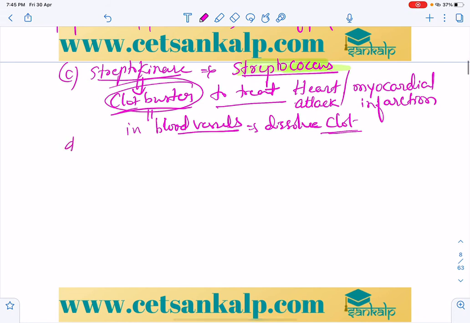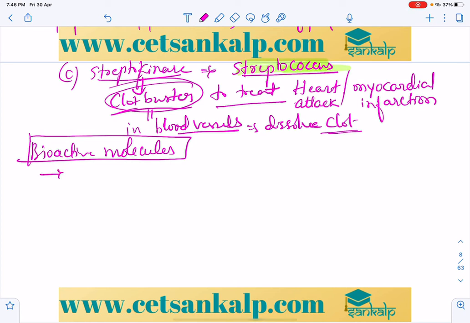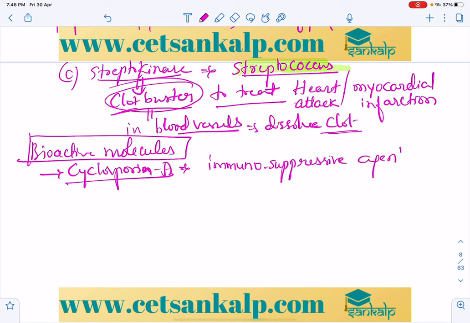Next, one more, bioactive molecules. Examples like cyclosporin A, which is used as an immunosuppressive agent when organ transplant is done.